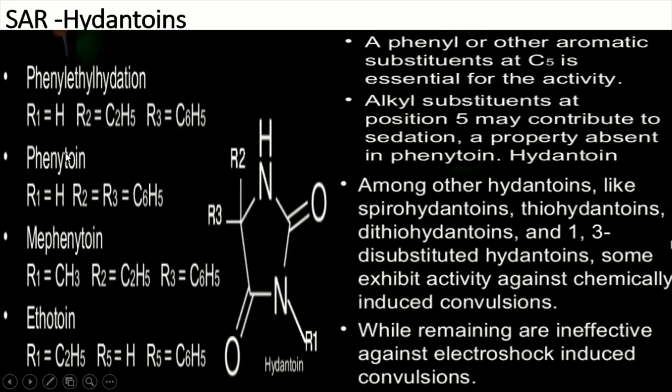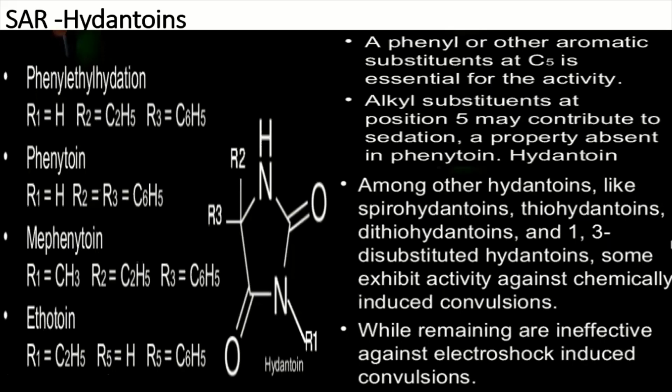In phenytoin, R1 will be just a hydrogen atom, whereas in R2 and R3, the phenyl group will be present. In mephenetoin, R1 will be methyl, R2 ethyl group, and R3 the phenyl group.